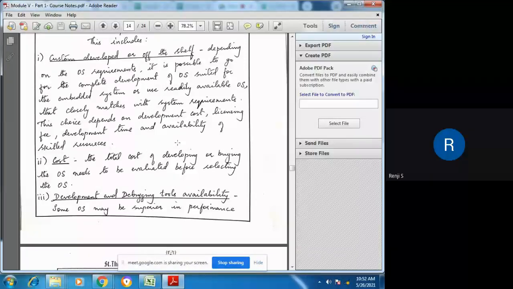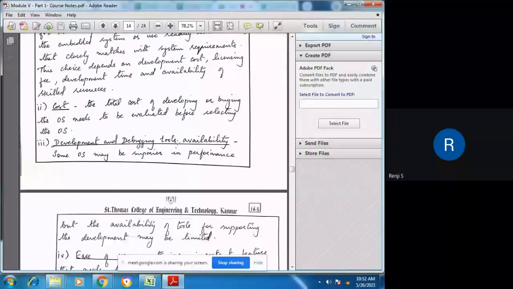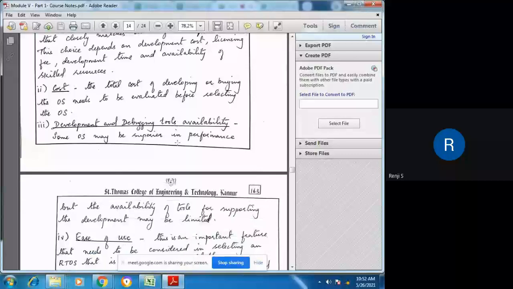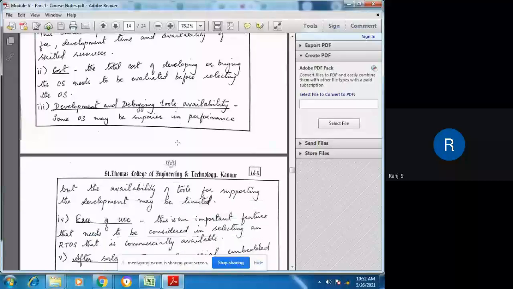Off-the-shelf components are ready-made components available in the market. So this is one factor. Depending on the cost and time, we have to decide whether the OS provides all these supports for those components that we buy from the market. The next is cost.